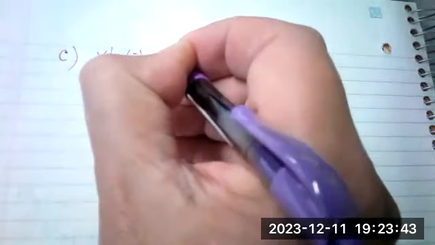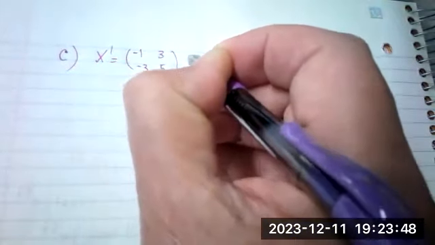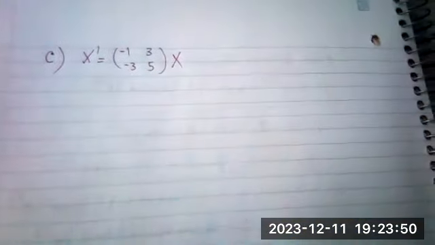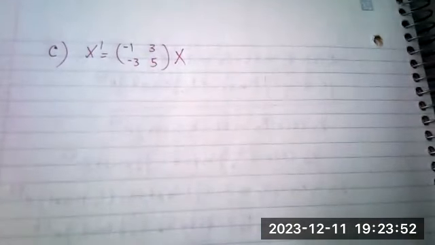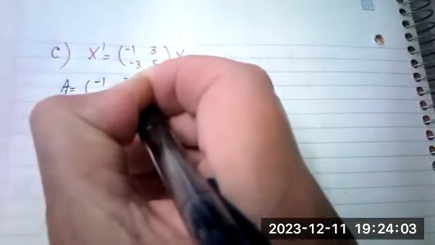Let me remind you of the repeated eigenvalues. That's part C. We want to solve this system: X prime is negative 1, 3, negative 3, 5. It's a very popular case because they want to have a repeated one. You already have the matrix, negative 1, 3, negative 3, 5.